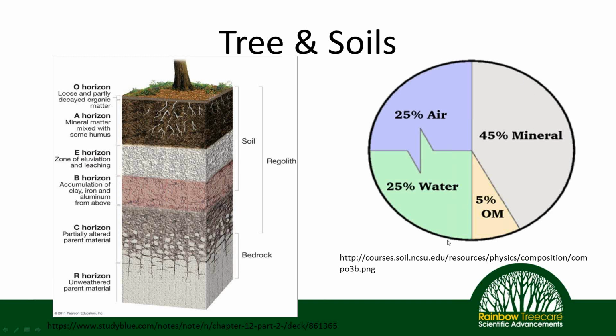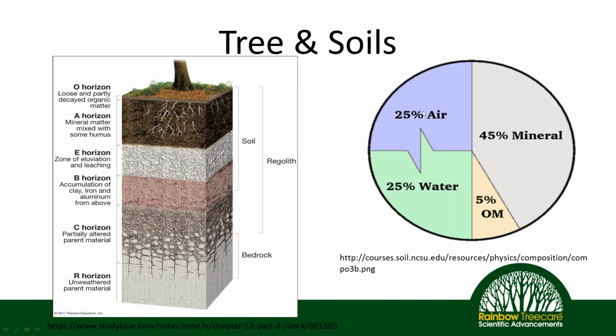Now, if we look at what we want a soil to look like, our ideal soil will be 45% mineral matter, that's 45% of hard, coarse material, mixed in with 5% organic matter, which we'll see why is important as we go on, and then a mixture of 25% air and 25% water. This would be macro and micro pore space.